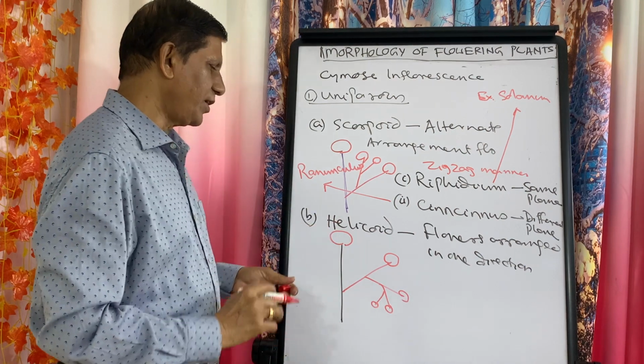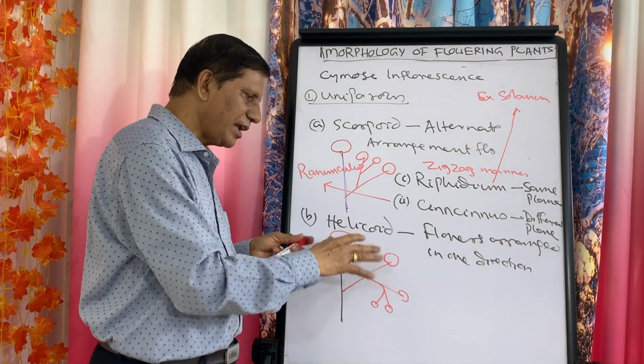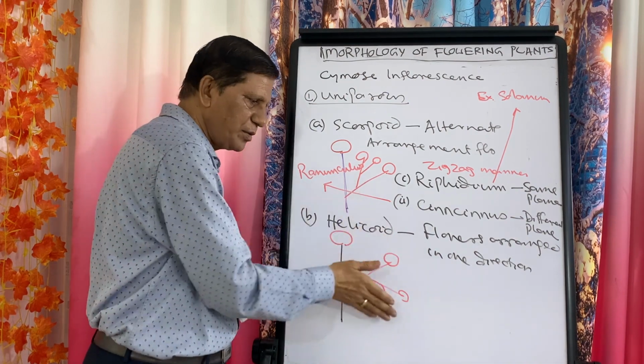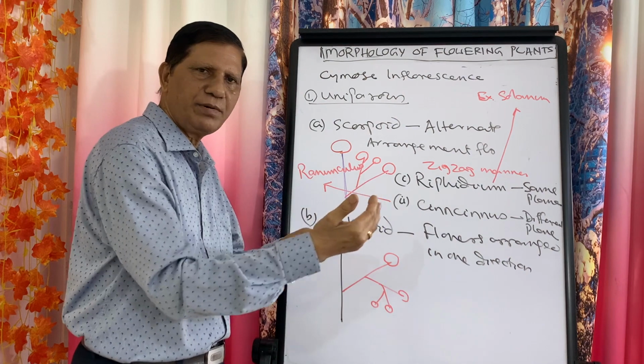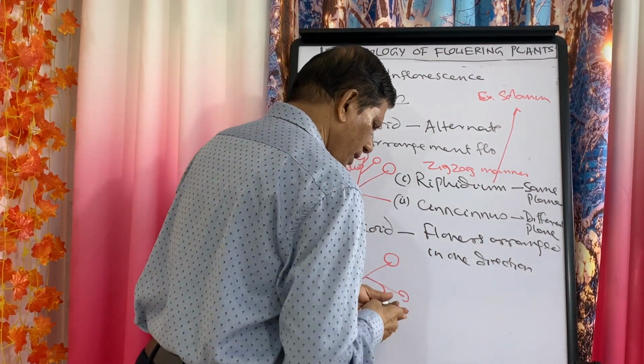Similarly, coming to the helicoid. In the case of helicoid, all the flowers are towards only one side. Here also, all the flowers may be in the same plane, like that of a boat, or they may be arranged in different planes. So here also, we will come across two terms.